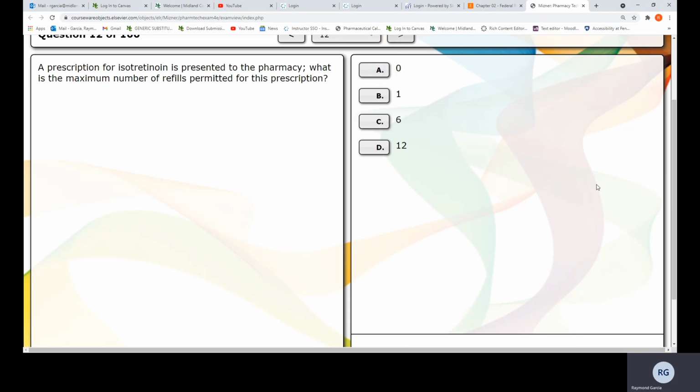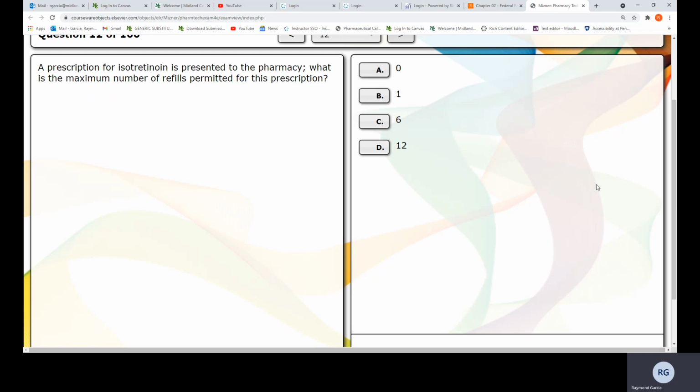A prescription for isotretinoin, which is Accutane, a really severe medication that will affect babies, is presented to the pharmacy. What is the maximum number of refills permitted for this prescription?